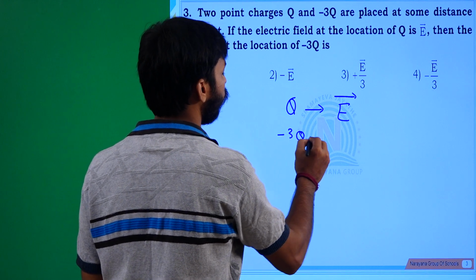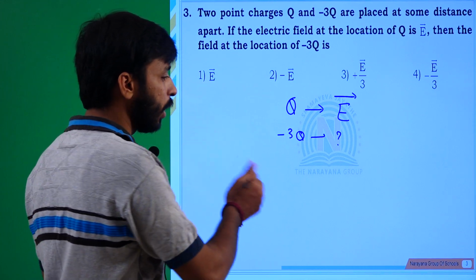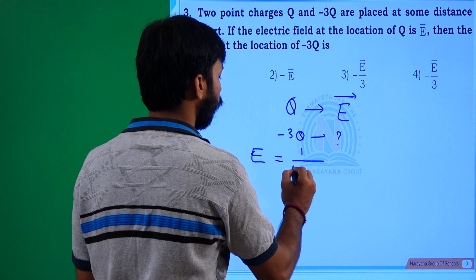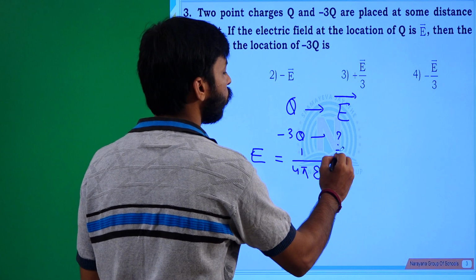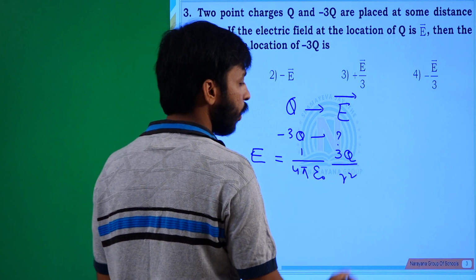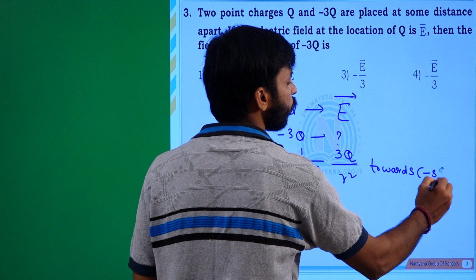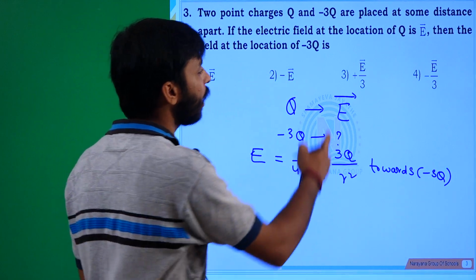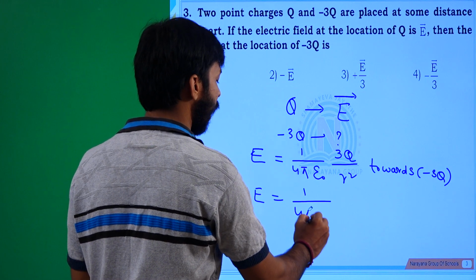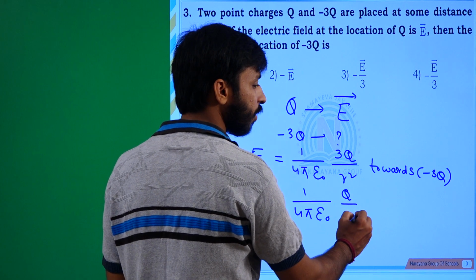So with respect to 3Q, E is equal to 1 by 4 pi epsilon naught into 3Q by R square, directed towards minus 3Q, and towards plus Q, E is equal to 1 by 4 pi epsilon naught into Q by R square.